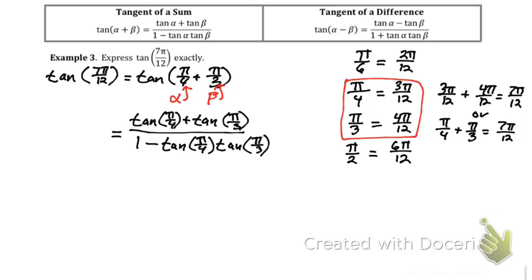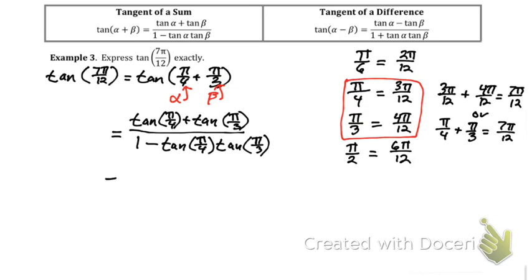Because picture this: 4 pi over 12 minus 3 pi over 12 is pi over 12. If I'd accidentally flipped it, I'd have 3 pi minus 4 pi, which would be a negative pi over 12. You'd put it in the wrong order. With addition, it really doesn't matter, because like you said, this could be pi over 3 or pi over 4. It only matters when we're doing subtraction. So that's a good thing to recognize.